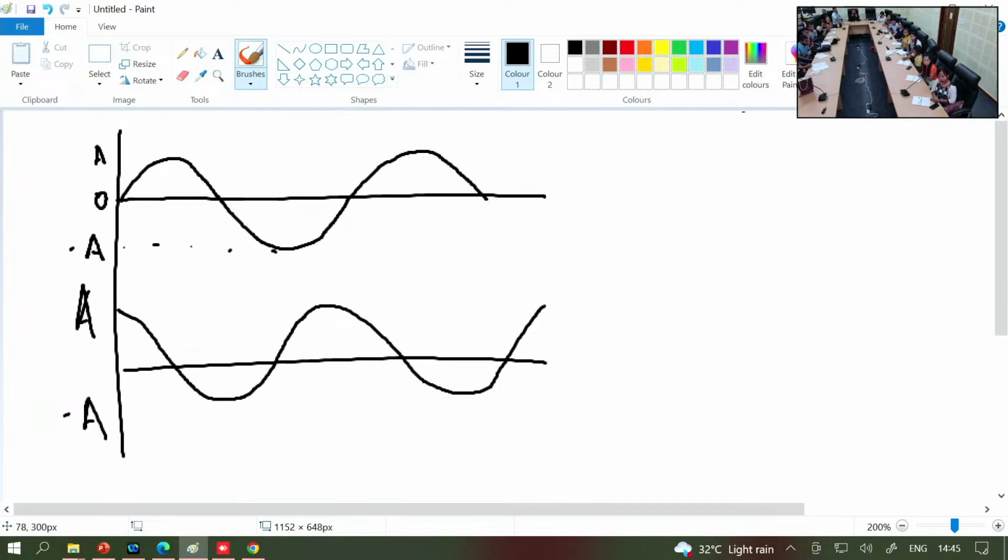So in the crest we have 0, maximum, 0. In the trough we have 0, minimum, 0. I am further dividing this into 0, half, 1, 1.5, 2.